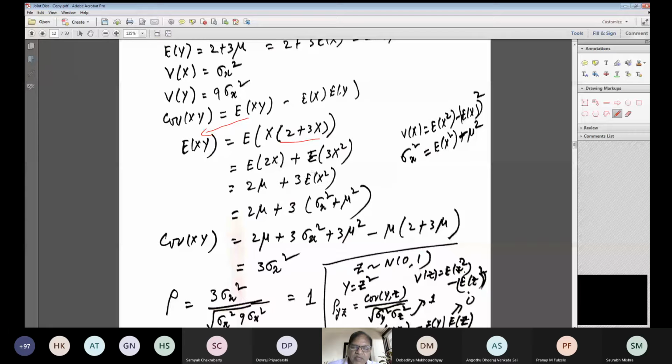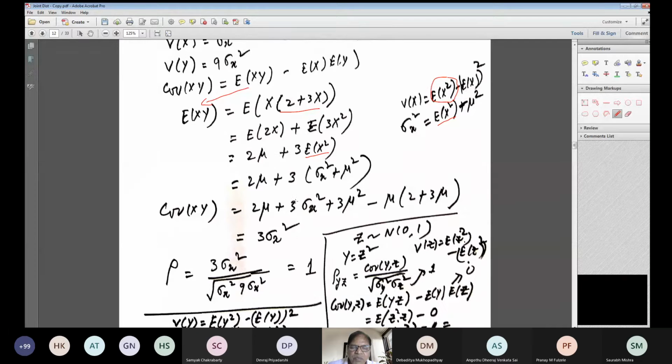So how to get the expected value of x square? Because variance of x is equal to expected value of x square minus e of x whole square. So many times, in order to calculate the expected value of x square, we can write variance of x plus e of x whole square. This result gives you sigma x square plus mu square equal to the expected value of x square. So I can get it from here: 3 times sigma x square plus mu square.